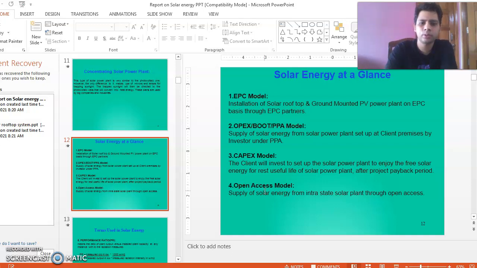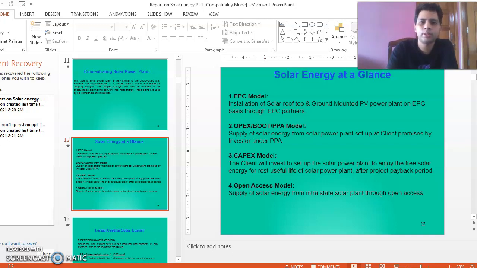For example, whatever generation the rooftop owner does not utilize, the extra goes into the utility grid. So the utility grid will give the charges as per the kilowatts of total generation and the cost to the RESCO developer.